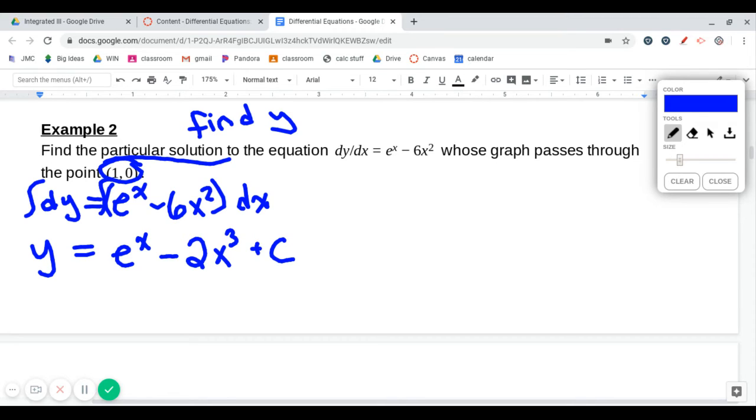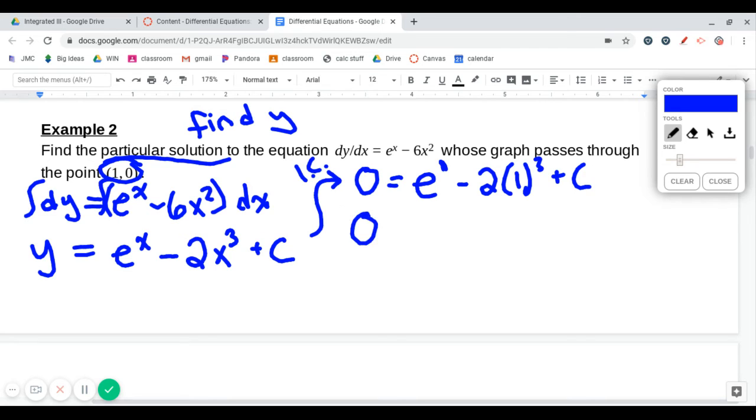So this means when x is 1, y is 0. So we'll go ahead and plug that in. This is going to be our initial condition. So y is 0 when x is 1. So 0 equals e to the 1, because we're going to plug in 1 for every x, minus 2 times 1 cubed plus c.